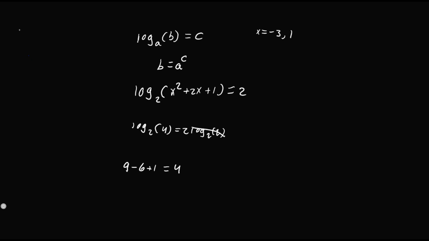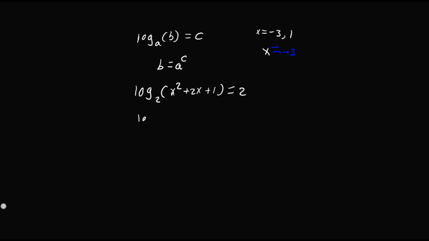So we can write our equation in blue to say which one is correct and which one isn't. We have that -3 does satisfy our logarithmic equation. Now we have 1 to test out.